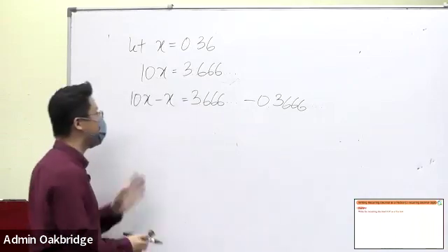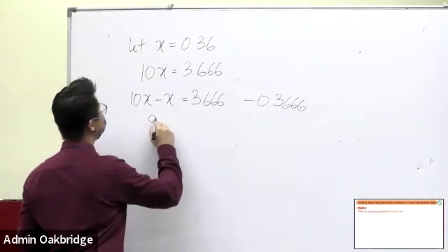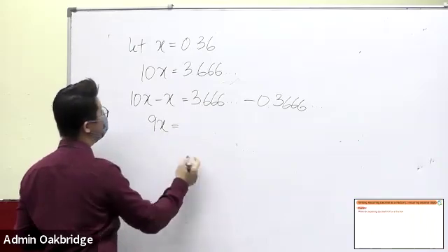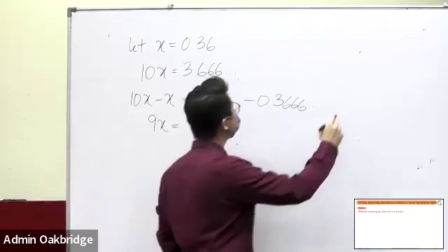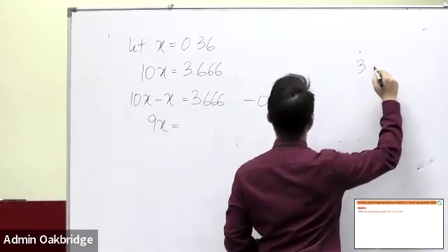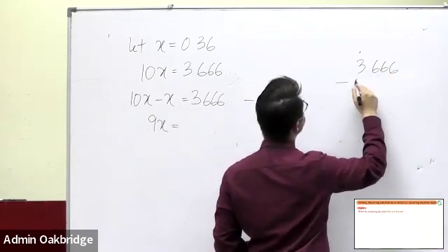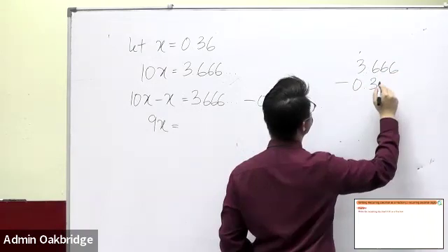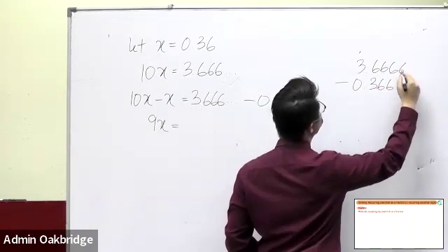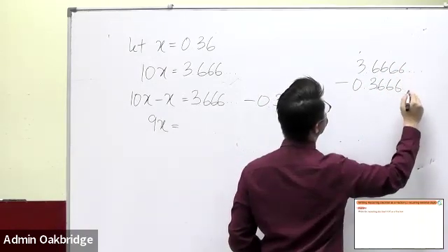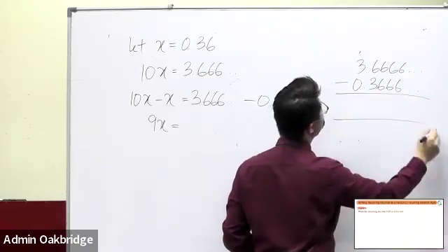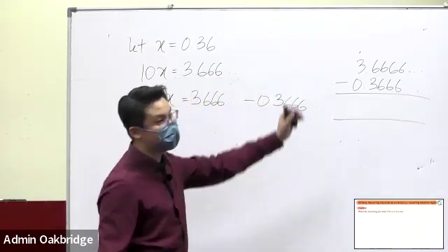For the left-hand side it's very easy, it's just 9x. Okay, we come to the right-hand side: 3.666 minus 0.3666 and so on. So what do you get here? You see all the 6s can be cancelled, right?